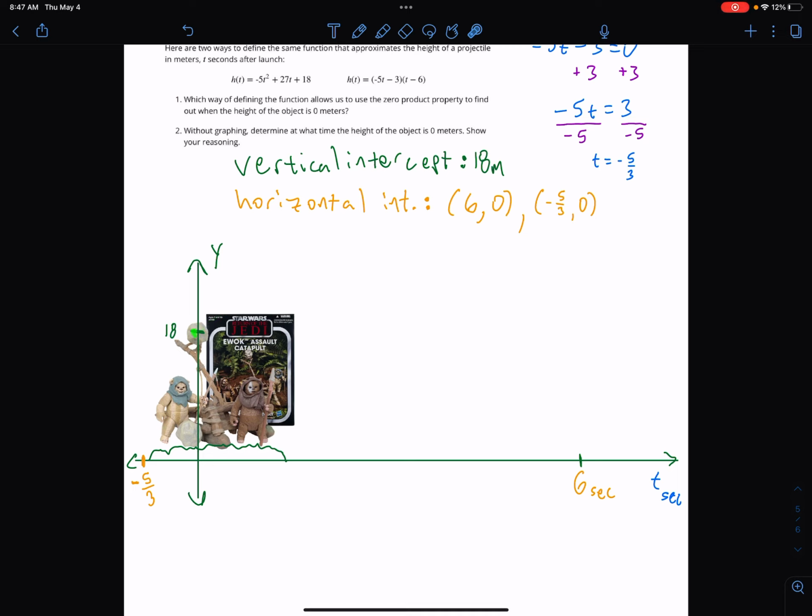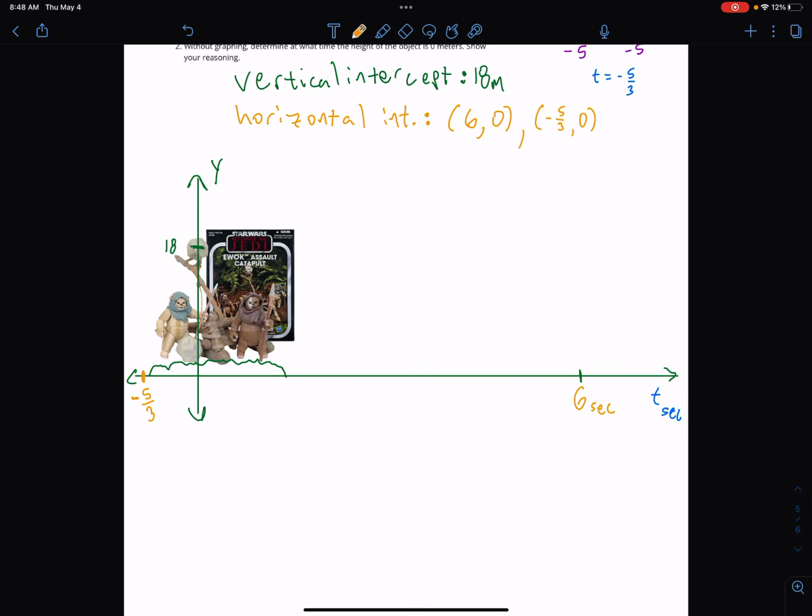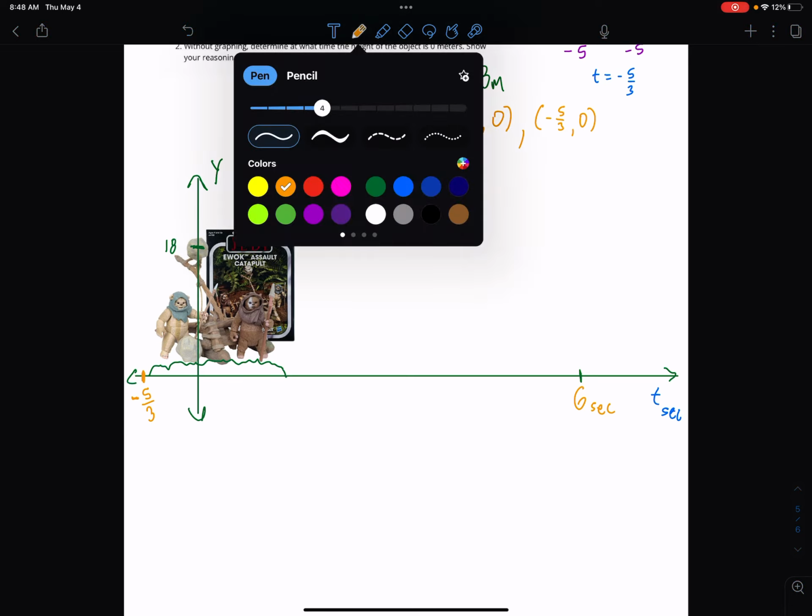Most of the times when we're dealing with parabolas, it's got to do with somebody throwing a football, hitting a golf ball, passing a baseball way across the field, shooting a watermelon out of a catapult like this. In this case, we got these Ewoks who are going to fire this projectile rock out there like that. So in these situations, when we're talking about domain, we do not care about negative time. We never look back. We always look forward, okay?